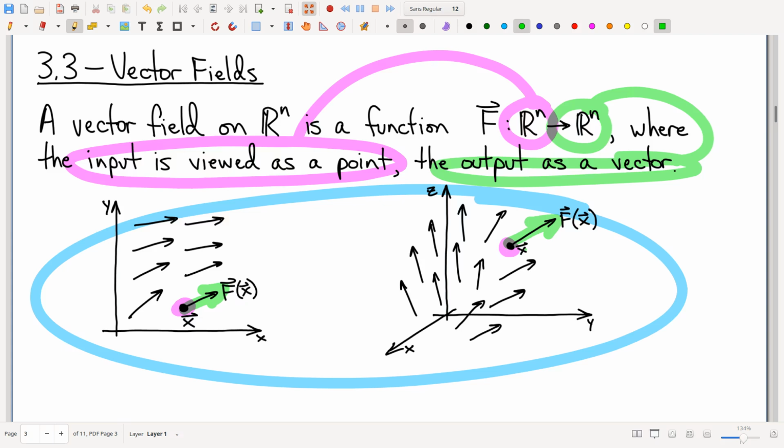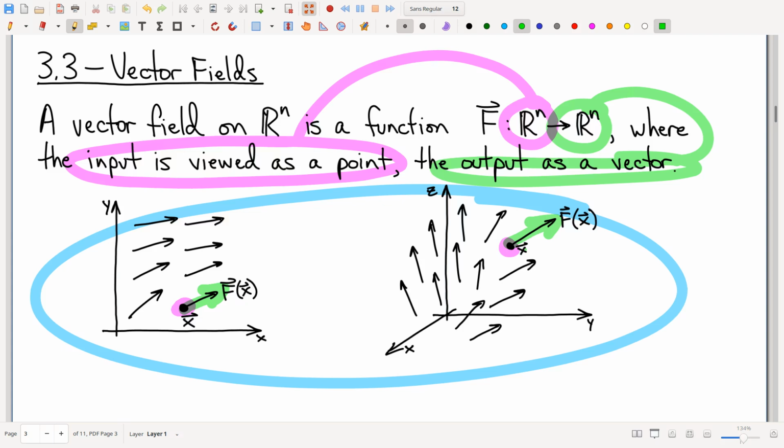And now notice if I have a function that gives me for every point in the domain a corresponding vector represented by a green arrow, then I get one of these pictures kind of like this, right? Because you can do this for every point in that domain, and this is how we draw vector fields.